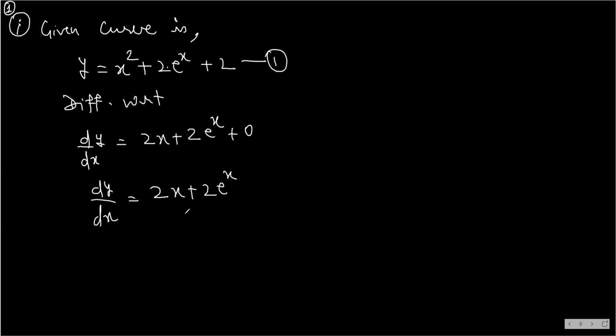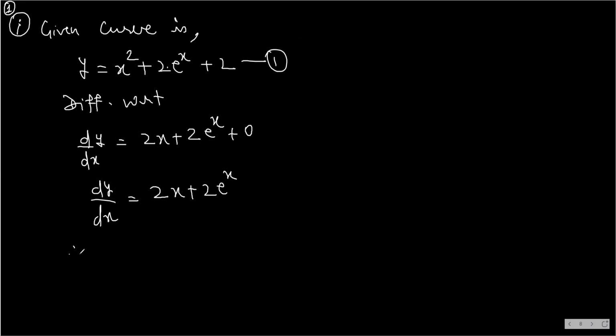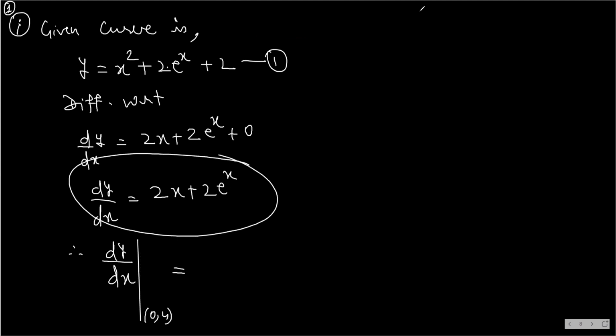What is the point where we have to get the equation of the tangent? The point here is (0, 4). It is (0, 4) where we have to get the tangent equation. Next step: I find this dy by dx at (0, 4). So I substitute x as 0 and y as 4.